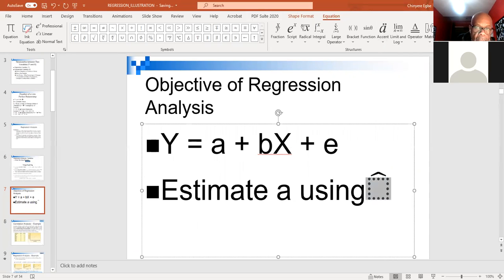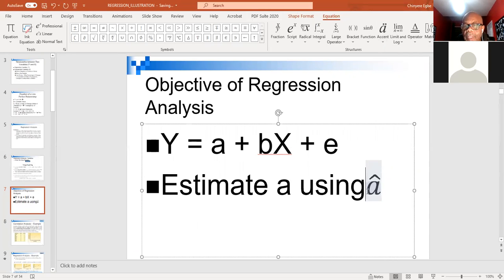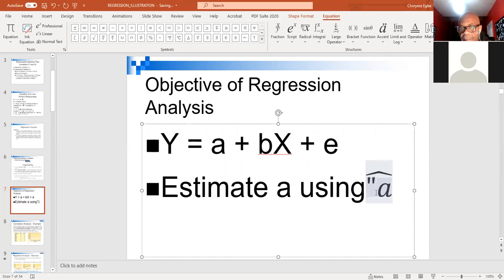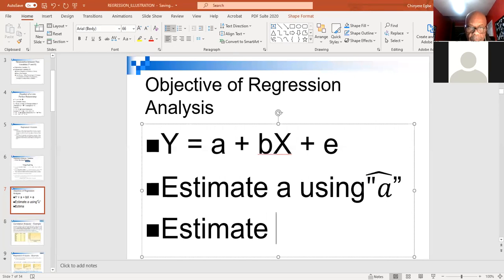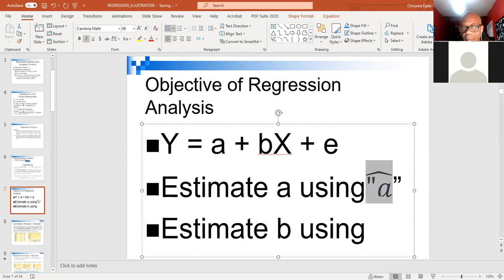We're going to use A hat to estimate A. And we estimate B using B hat.